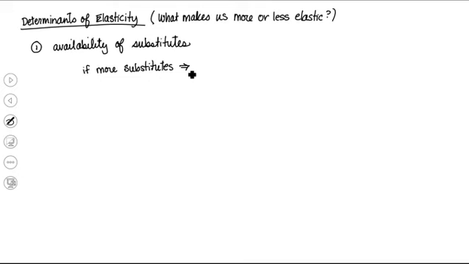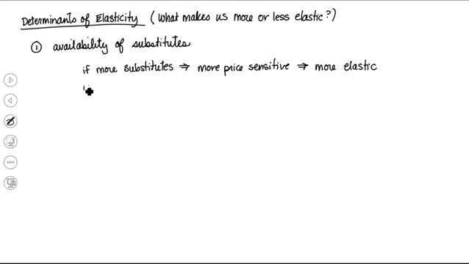I'm going to be more price sensitive, right? And more price sensitive means more elastic. So if there are more substitutes available, then I'm going to be more price sensitive, which means I'm more elastic.